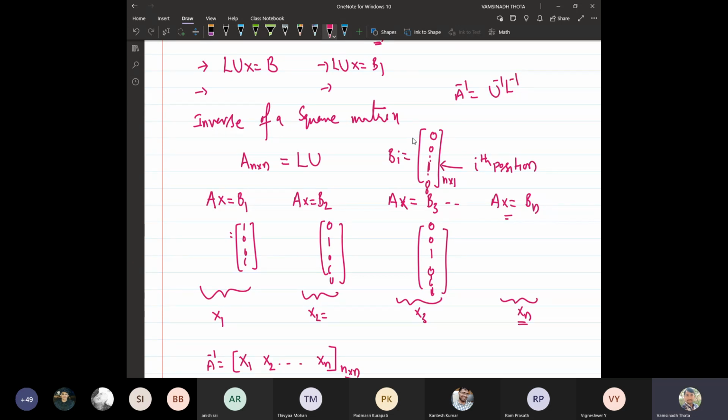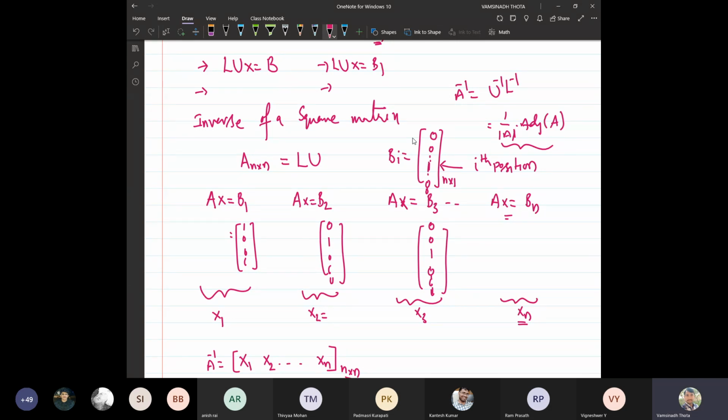A inverse is equal to 1 by determinant of A times adjoint of A. Right? So this is the fundamental way, but let me tell you, the cost is too much. The number of calculations is too much if you use the fundamental technique.